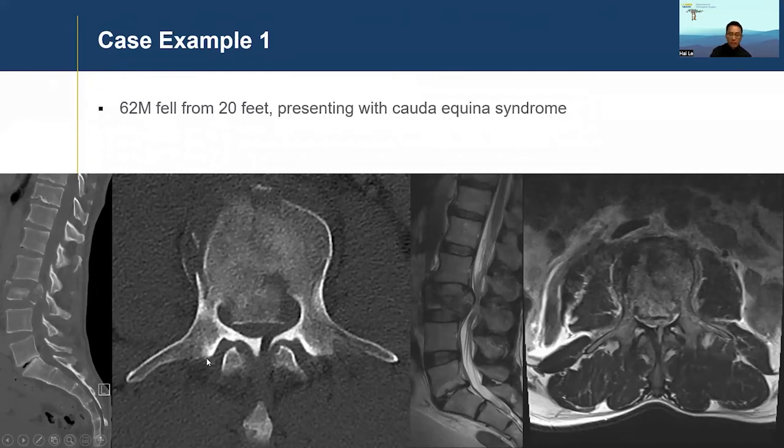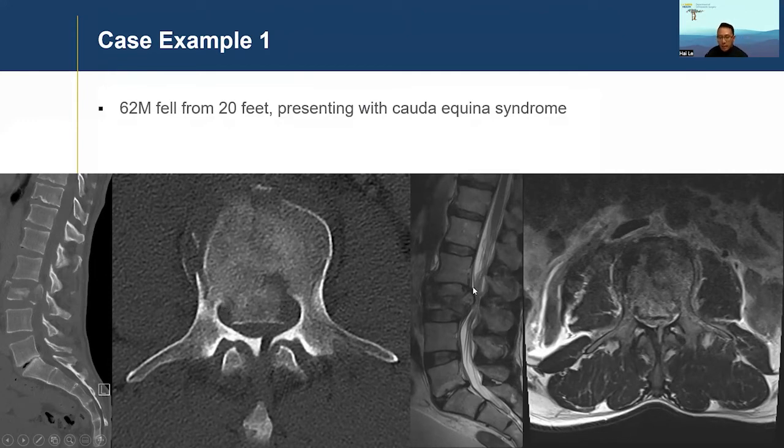Here are the sagittal and axial CT, as well as the MRI scan. On the CT, you can see an L3 injury, and you would classify this as a burst fracture, right? Because there is compression of the anterior column, compression of the middle column, right? And you also see there's a lot of retropulsion of the bony fragment.